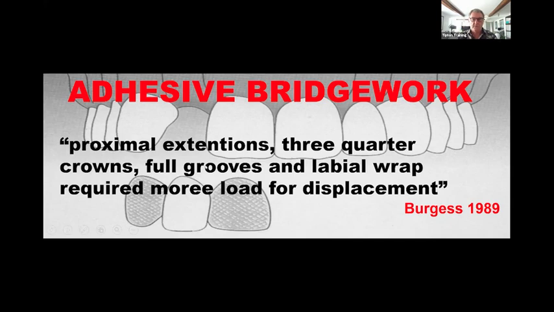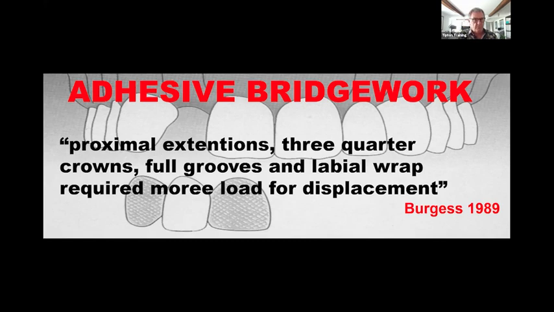Grooves, we put grooves in. They're called full grooves, but they're mini grooves. And remember, all of these preparations, we do not dare go into dentine. So all of these preparations are intra-enamel. Maximum depth is 0.5 of a millimeter. Okay, so everything is still in enamel. So theoretically, if the bridge came off, there would be no dentine exposed.